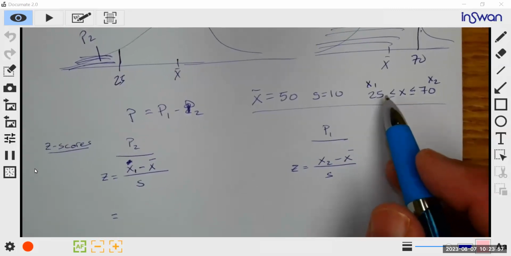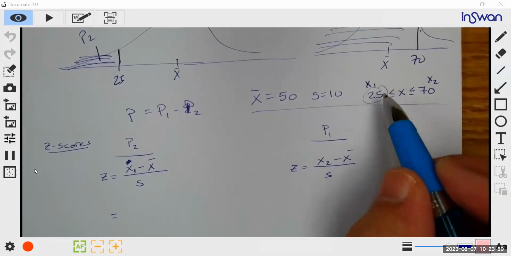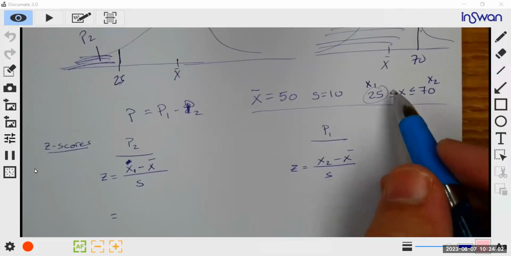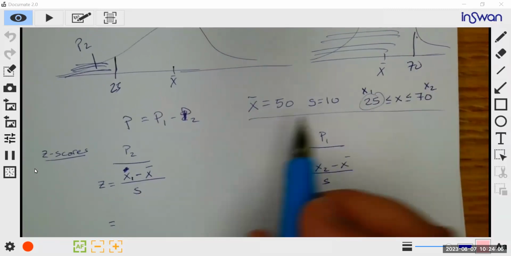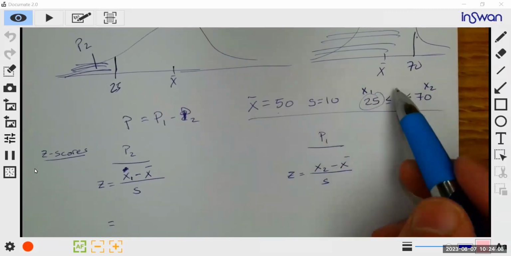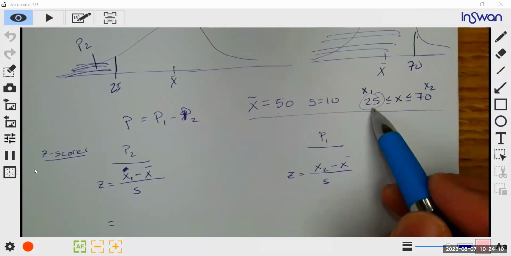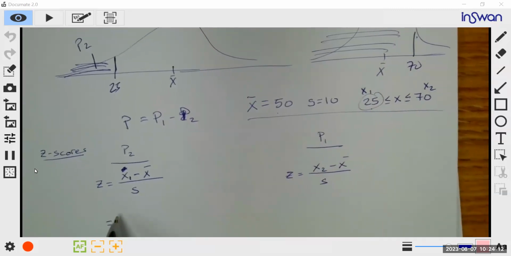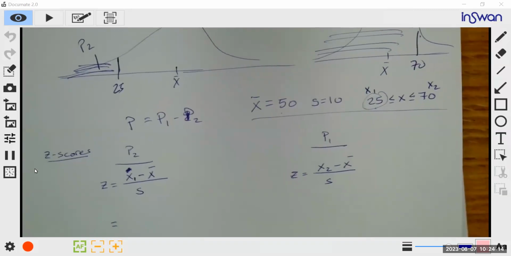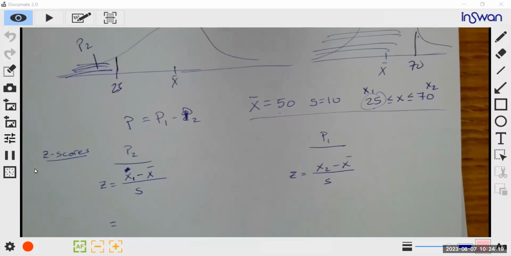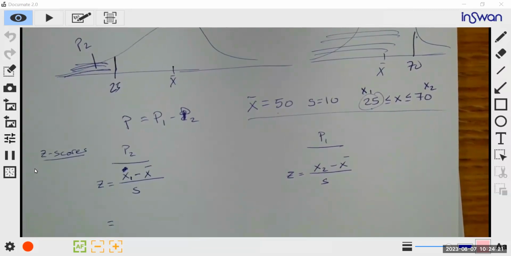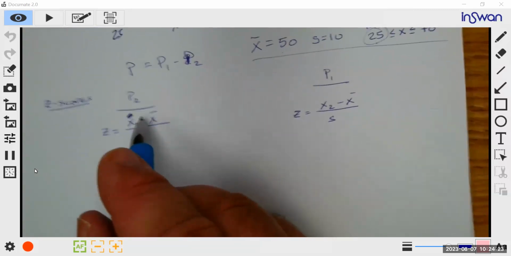Let's see what happens. Remember, this number here, where is it situated with respect to the mean? The mean is what? 50. Where is 25 with respect to the mean? Well, it's lower. It's to the left. And that's what it tells us. It's not an assumption, it's a fact. If we get a negative z value, that means that number is to the left of the mean, because of how it's written out.